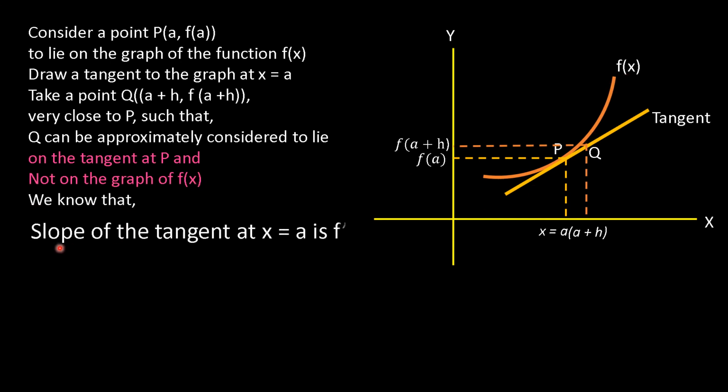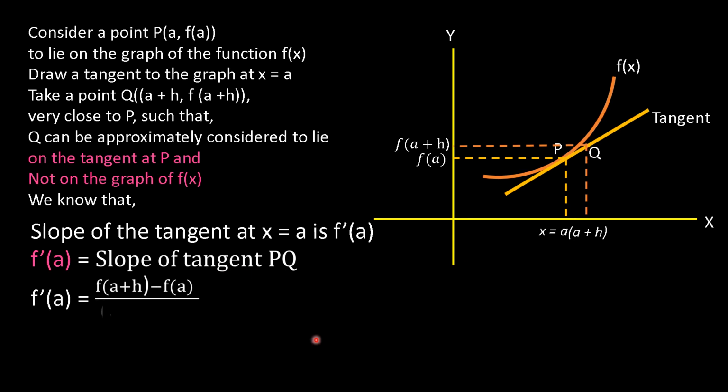We know that the slope of the tangent at x equals a is f dash a. So f dash a is the slope of the tangent PQ. So f dash a will be f of a plus h minus f(a), the difference between y coordinates, divided by a plus h minus a, the difference between x coordinates.